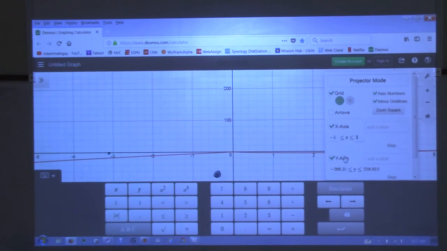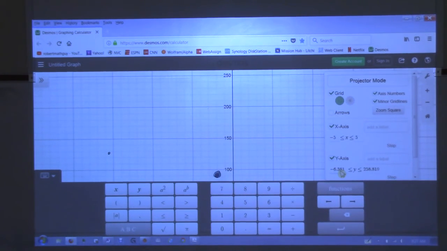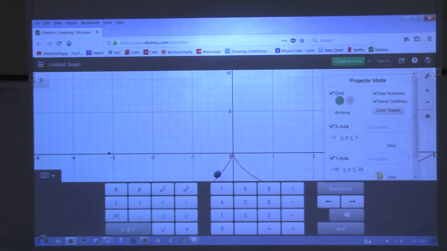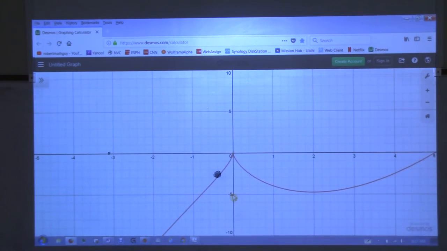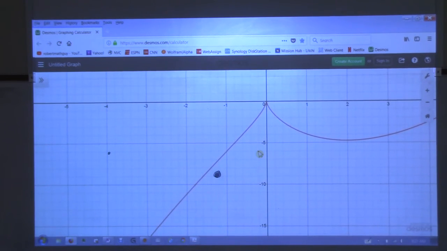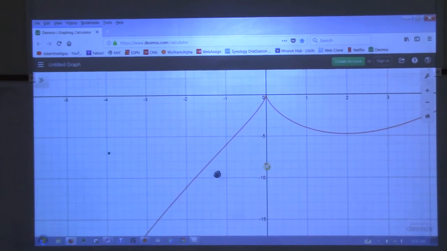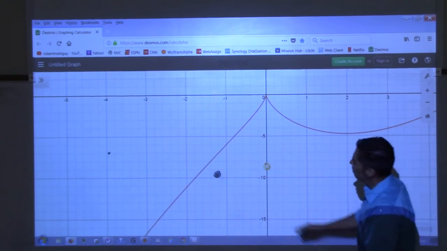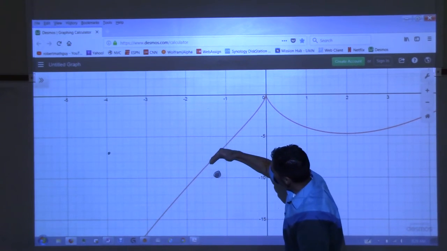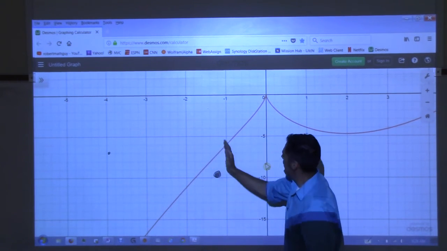Still not doing it. I might get it with that. Where was it at -1? Yeah, because it goes up. So you can kind of see there's like this happening here, and then like that.